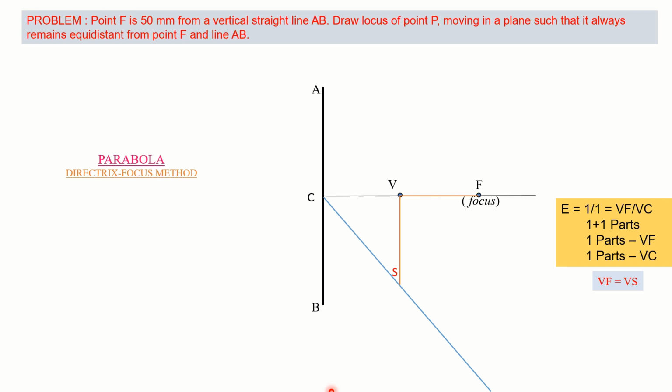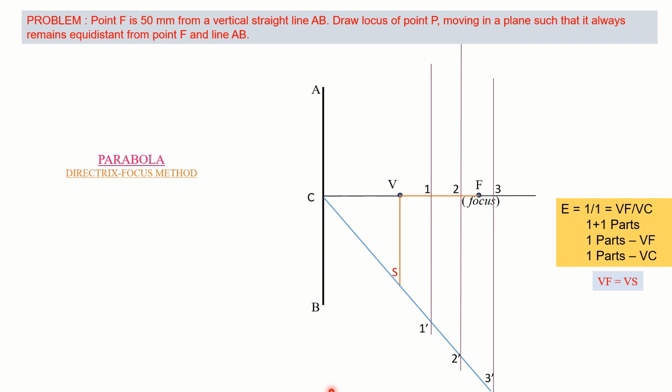And then we need to draw parallel lines after V: 1 1 dash, 2 2 dash, 3 3 dash. You need to draw parallel lines like this and name them. The 1 dash, 2 dash and 3 dash are the intersections between the inclined line and the 1 2 3 lines.